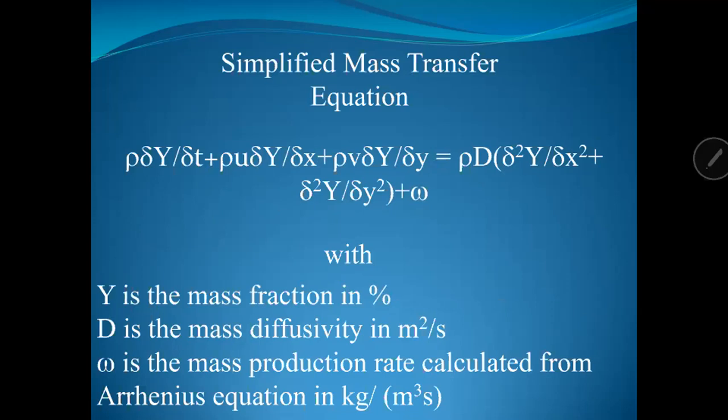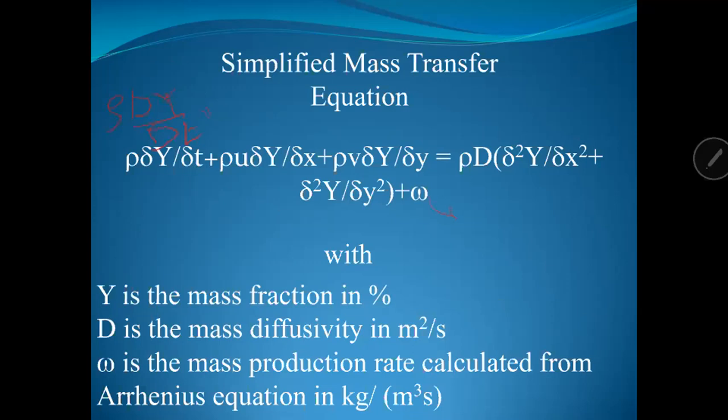Here we have the rho dY over dt operator. This operator is dY over dt plus u dY over dx plus v dY over d small y. Understand? It is equal to rho D times d square Y over dx square plus d square Y over dy square plus omega.